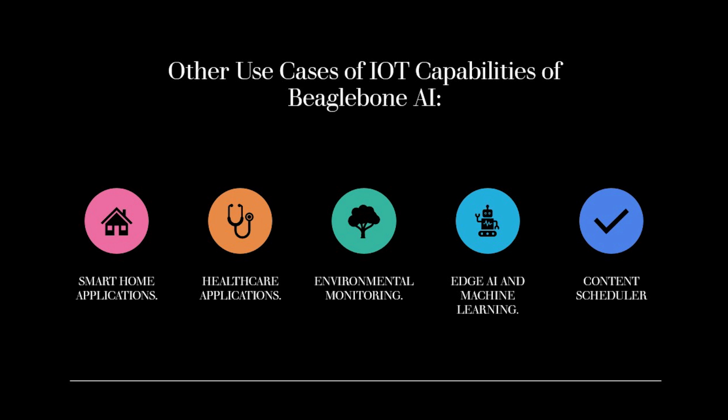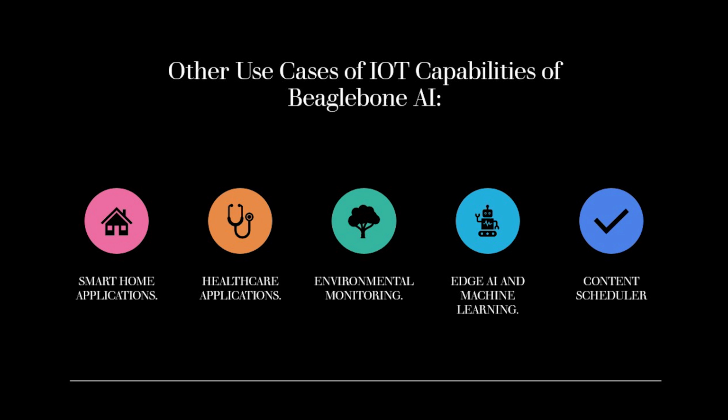Additionally, it allows us to monitor environmental data, such as we can track air quality or we can track the soil conditions. And another important use case is the ability to implement machine learning algorithms, which we can use for image recognition, speech processing, or other predictive measures.